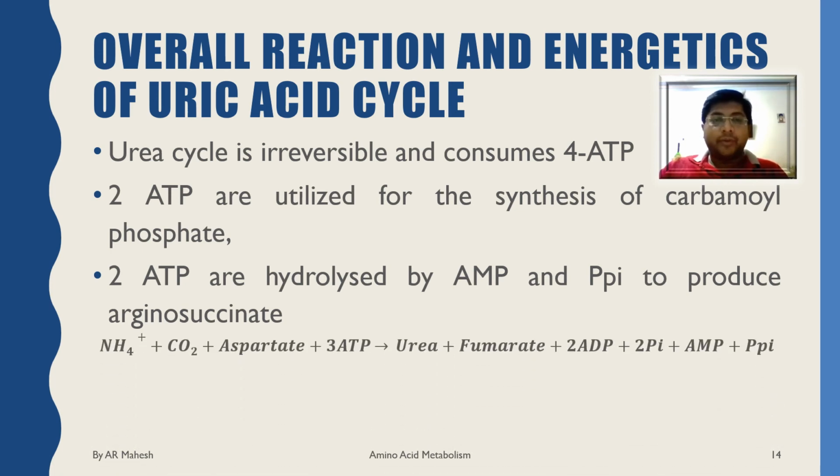Here we have the overall reaction of the urea cycle, where ammonia from deamination and carbon dioxide from the decarboxylation reaction, in the presence of aspartate and utilization of 3 ATPs, give us urea, fumarate, 2 ADPs, inorganic phosphate, an AMP and a pyrophosphate group.